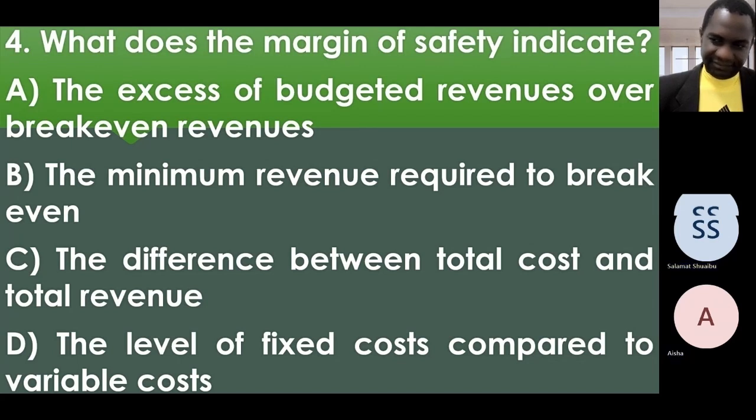I think he's going to win us in this set. Yeah, it's very possible. You guys, I'm going home with some points. You can't score 100. I'm very happy with that. I need to revisit this video, this class. I think I'll go with B. Minimum revenue required to break even. Final answer B.